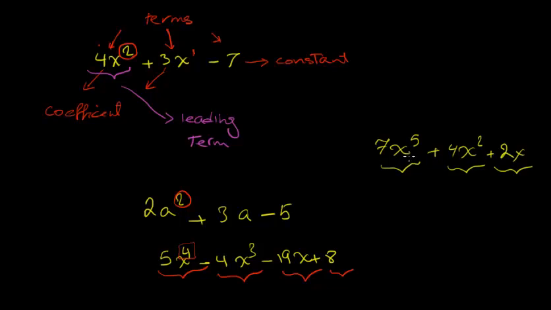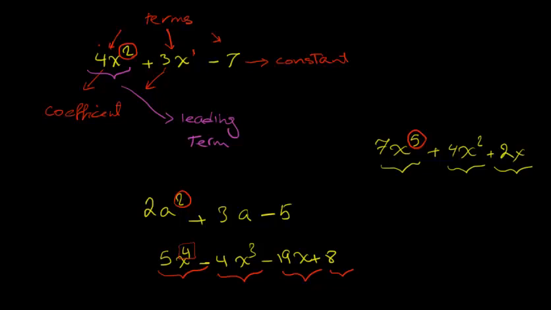The exponent on the variable in leading term shows that this polynomial is a 5th degree polynomial because the exponent is 5. And it's written in a decreasing order. We don't have constant, but we have 7x5, and then the next highest is 4x2, and next is 2x. By looking at the exponent, you can say the degree of polynomial.